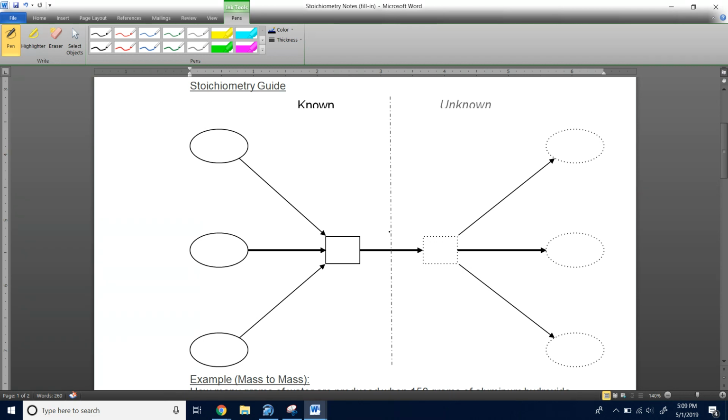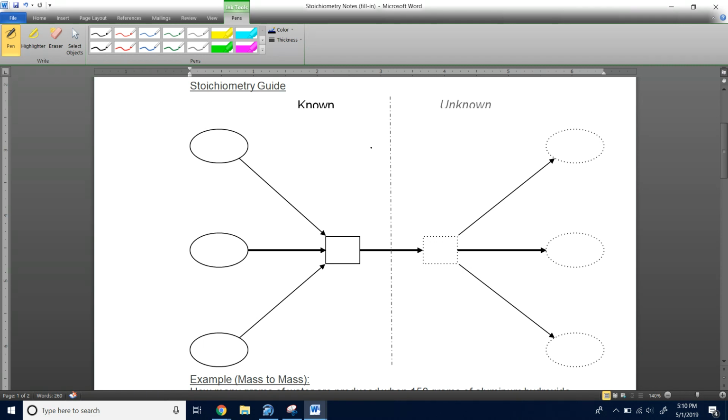All 3 of these left circles are our given quantities. These are our known values. We're able to convert from these known values to moles, and then from moles we convert to another form of moles, and then we go to our unknown values that we're looking for. That is our roadmap.